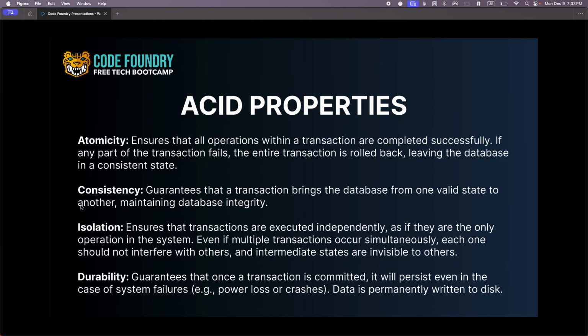Consistency ensures that the database goes from one state to another completely, so that you don't have, again, random in-between states. Isolation, making sure that each transaction or each action on a database occurs independently. So that's so that you don't have overlapping transactions which change the data and then have a poor reflection on how the database exists.